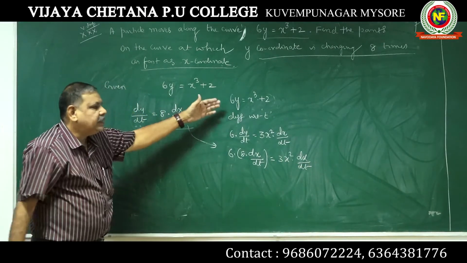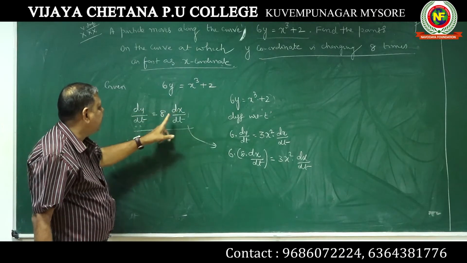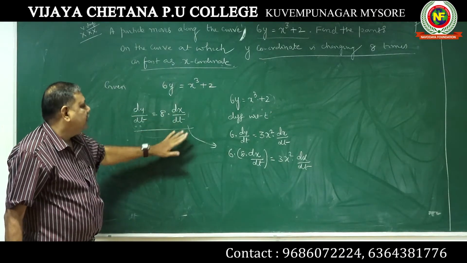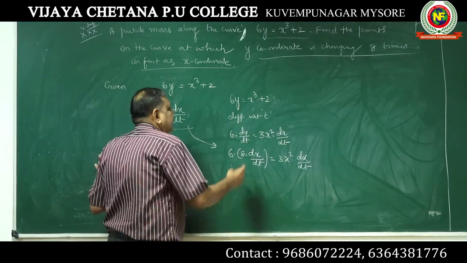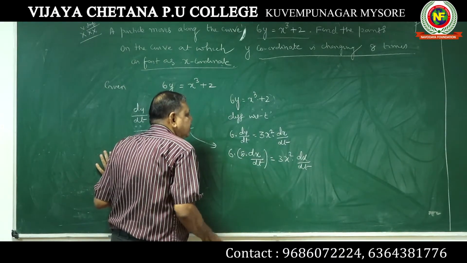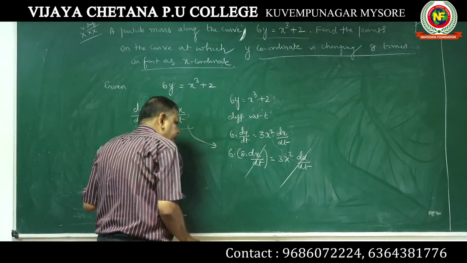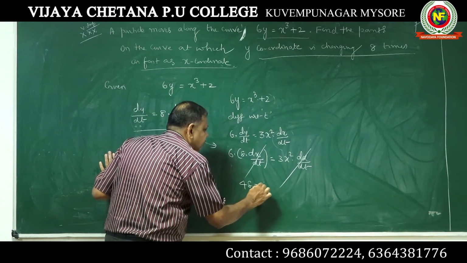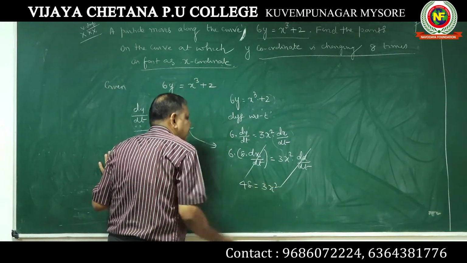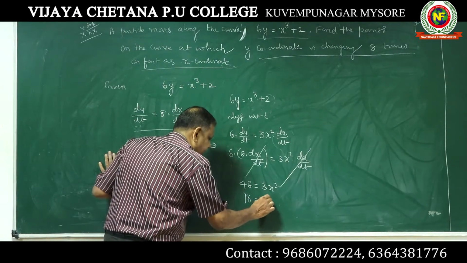We have differentiated this one, and dy by dt is given here, y coordinate is changing at the rate of 8 times, so you are substituting dy by dt is 8 dx by dt and 3x square into dx by dt. Dx by dt can be cancelled. 6 into 8 is 48, equal to 3x square. 48 by 3 is 16, equal to x square.